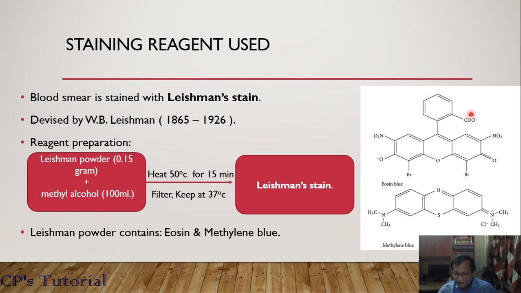And similarly, in eosin, the COO and the hydroxyl portion are responsible for its acidic nature.